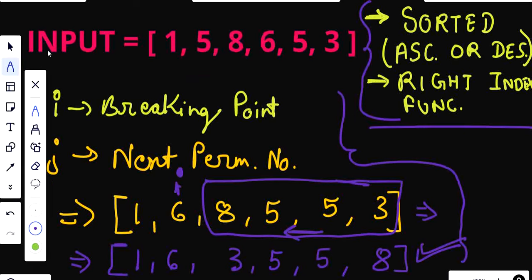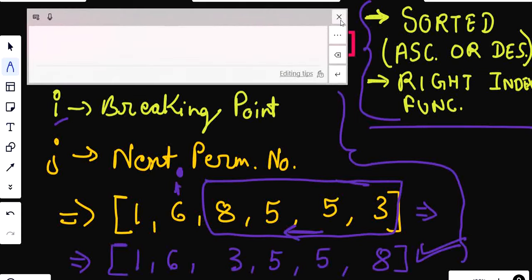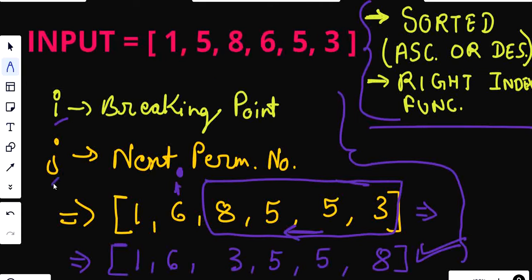And even while we will be coding the solution, I think you will get exactly what we are going to do. So first we want I, then we want J, and then we are going to swap and reverse. So we used 2 pointers on this input and solved our question.